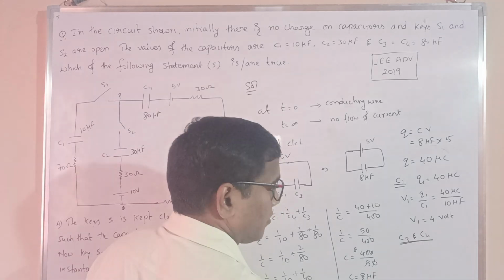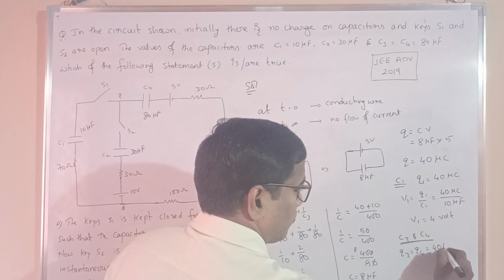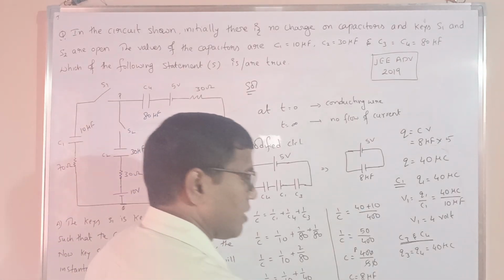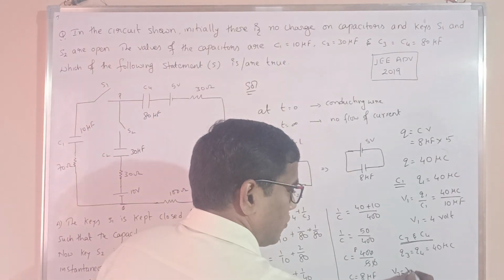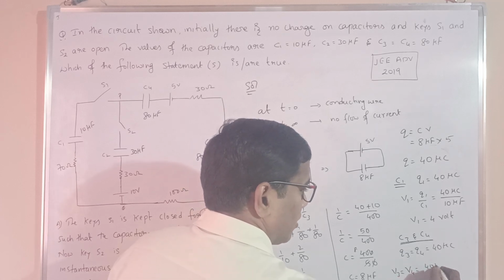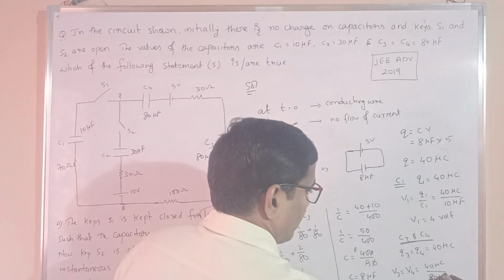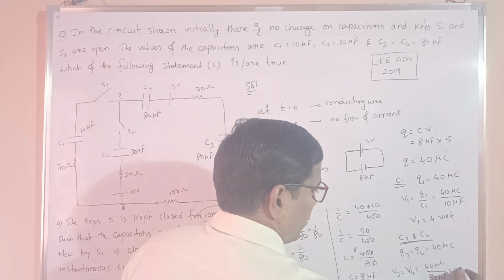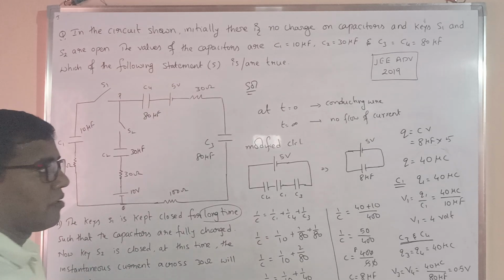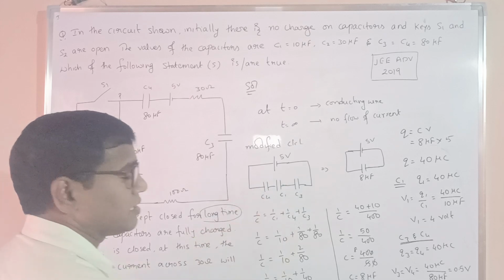For C3 and C4, Q3 is equal to Q4 is equal to 40 mu C. And we'll write V3 is equal to V4 is equal to Q by C, so 40 mu C by 80 mu F, which is equal to 0.5 volt.